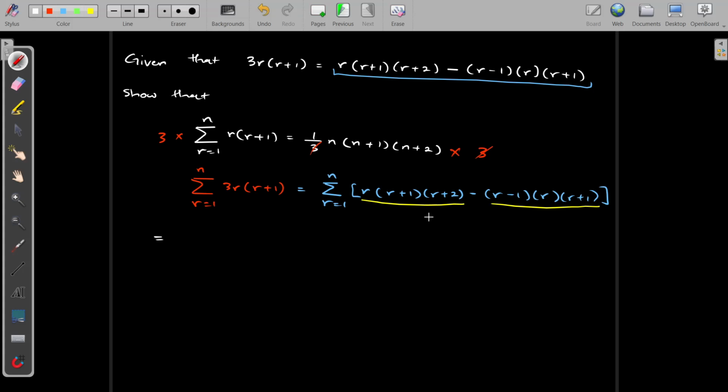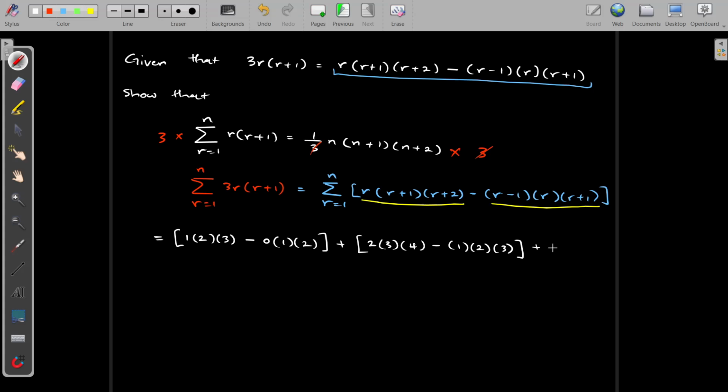So when r is equal to 1, the first thing we would have in the bracket is 1 times 2 times 3 minus, okay, this is 0, so that's just 0 times 1 times 2. That's our first bracket, plus, when r is equal to 2, that's 2 times 3 times 4 minus 1 times 2 times 3.